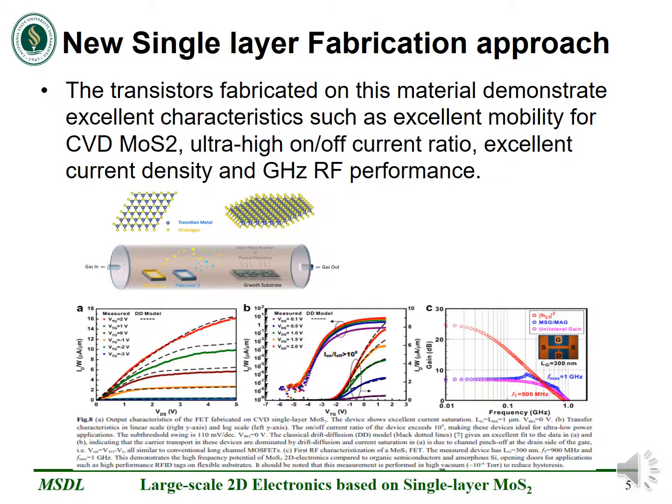The figure with the VI characteristics shows the output characteristics of the fabricated single layer molybdenum sulfide FET. The device shows clear current saturation, which is due to the pinch-off of the channel at the drain side of the gate at high VDS, since the saturation voltage Vsat closely matches VGS minus VT.